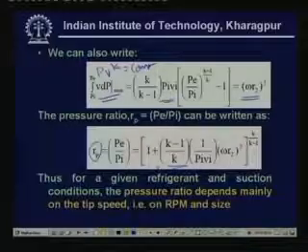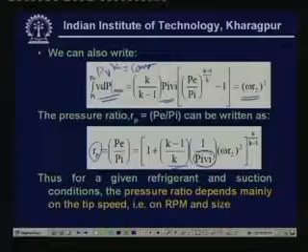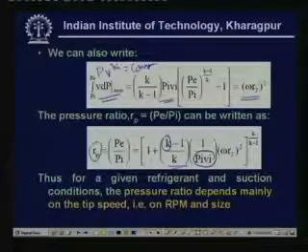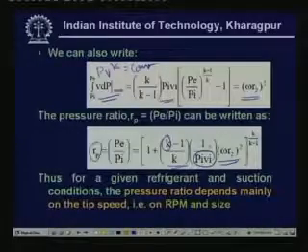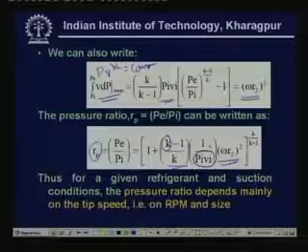You can see that for given inlet conditions Pi and Vi, and for a given refrigerant, that means let us assume that k is constant, the pressure ratio depends purely on the rotational speed of the impeller and the impeller diameter. That is how we established the relationship between the power and the pressure ratio with the impeller parameters. That is the whole objective of this analysis.